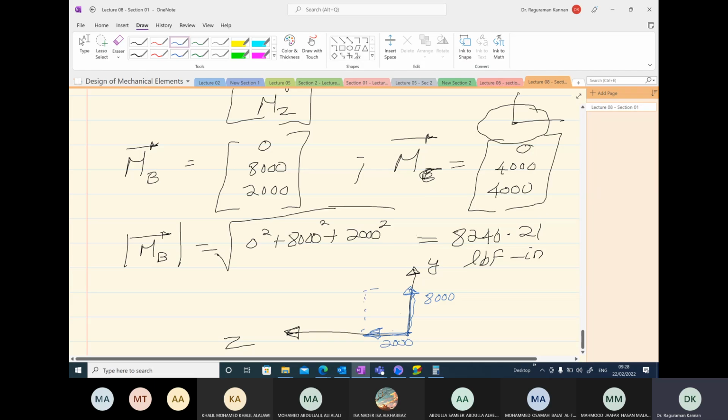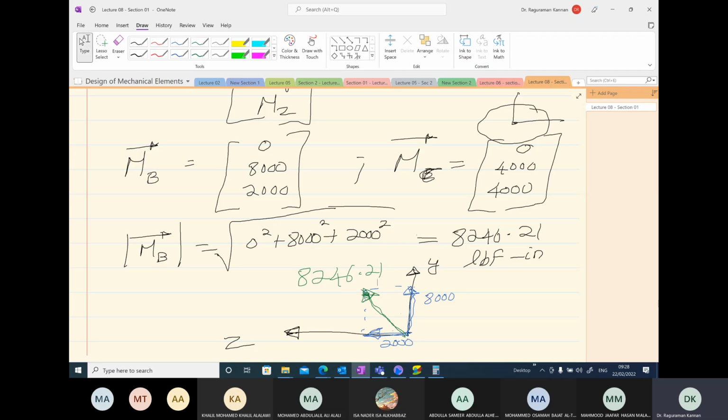And my resultant direction is going to be the green one here. That is going to be my resultant direction of the axis, and my bending moment is with respect to that particular axis at point B with this magnitude.